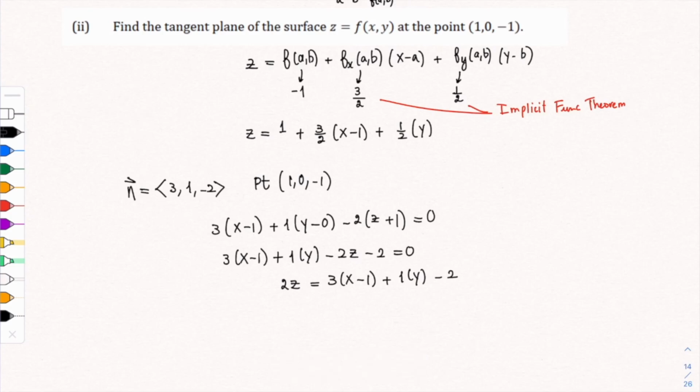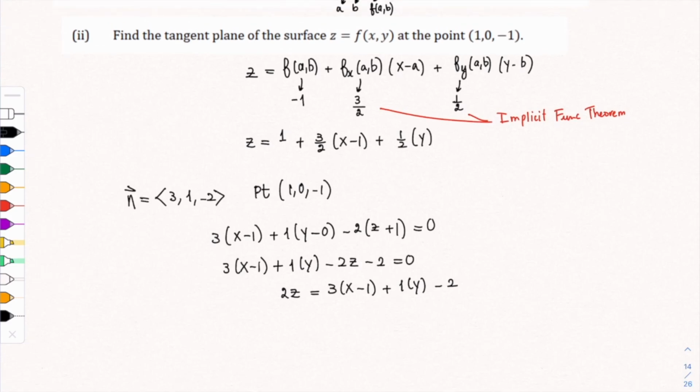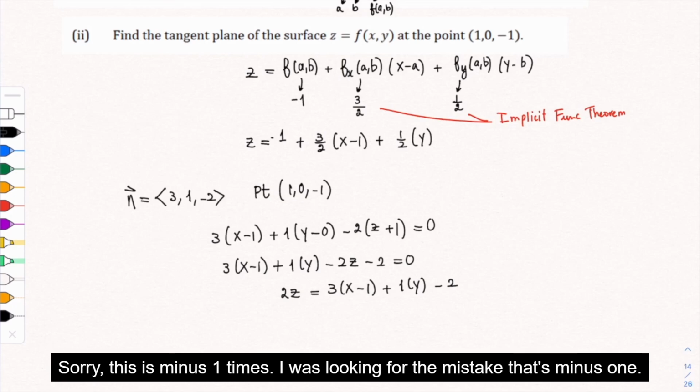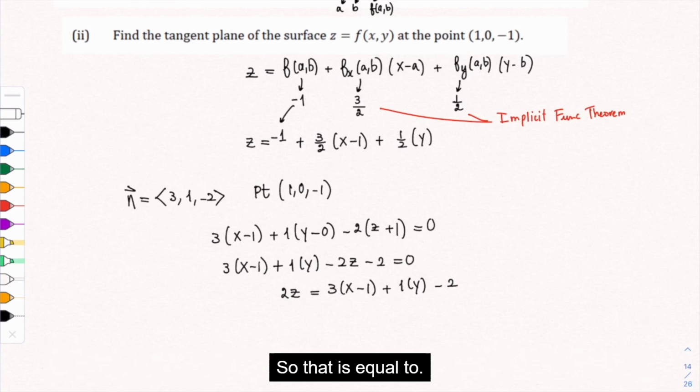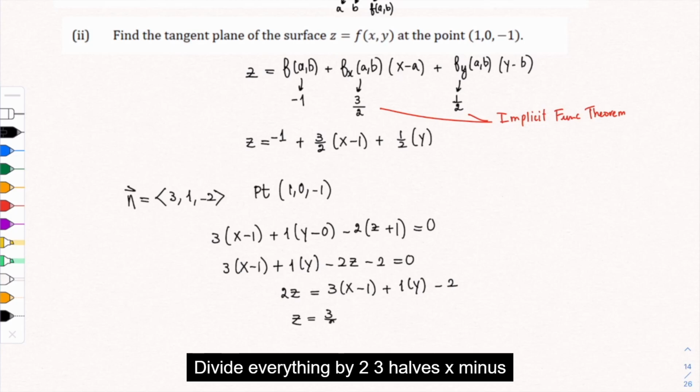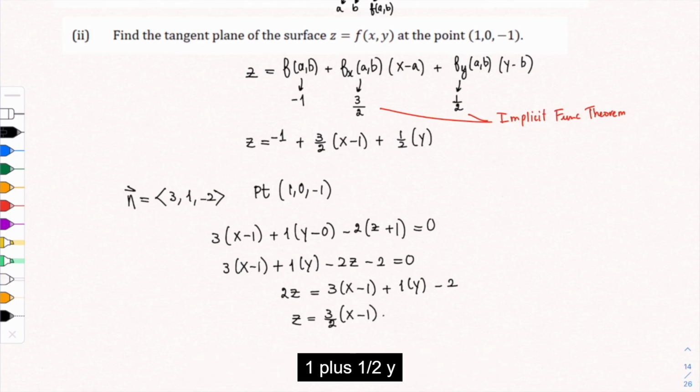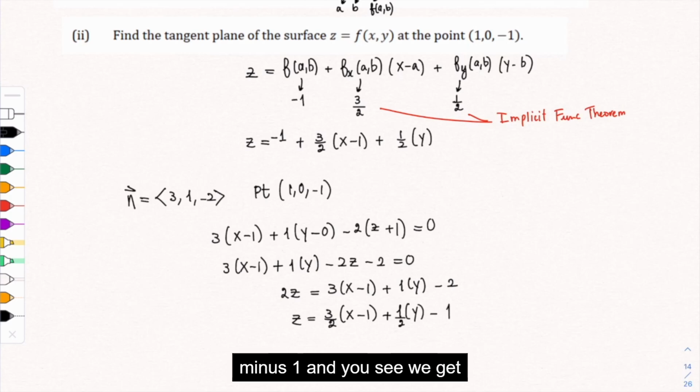And then divide. This is minus 1. I was looking for the mistake. That's minus 1. So z is equal to, dividing everything by 2, 3/2 (x minus 1) plus 1/2 y minus 1. And you see, we get the exact same answer.